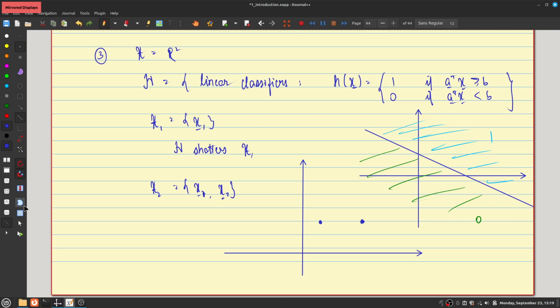Both points should lie on the same side of the line. So this is one scenario where I can get either 0 0 or 1 1. Similarly, if the line splits the 2 points, then I can get either 0 1 or 1 0. Everything to the left is labeled 0 and everything to the right is labeled 1, or you just flip.